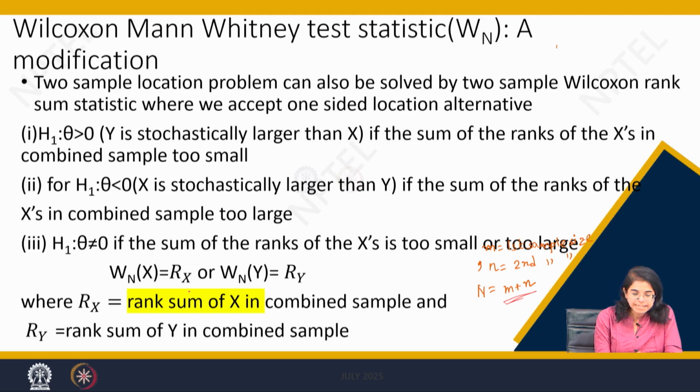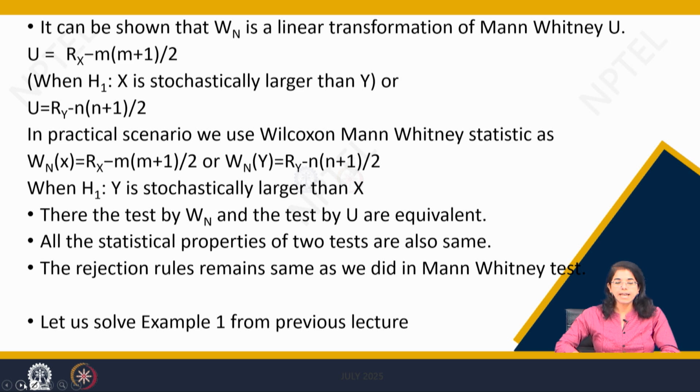So Wn X is Rx and Wn Y is Ry, where Rx is the rank sum of X in the combined sample and Ry is the rank sum of Y in the combined sample. Now, pretty interestingly, it can be shown that this Wn is based solely on the rank sum of X and the rank sum of Y.